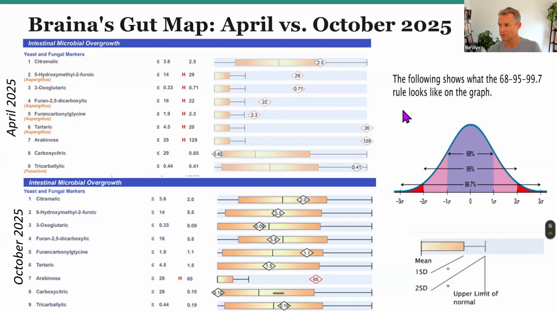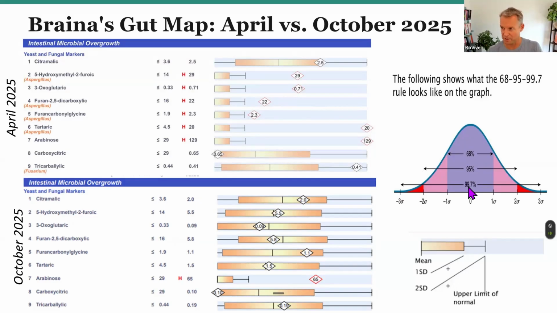The population who takes this one test, the number two here, will end up having results in this colored zone here. 95% of the population will be within two standard deviations, basically to the left of this bar mark. And then three standard deviations is 99, or actually closer to 100%.